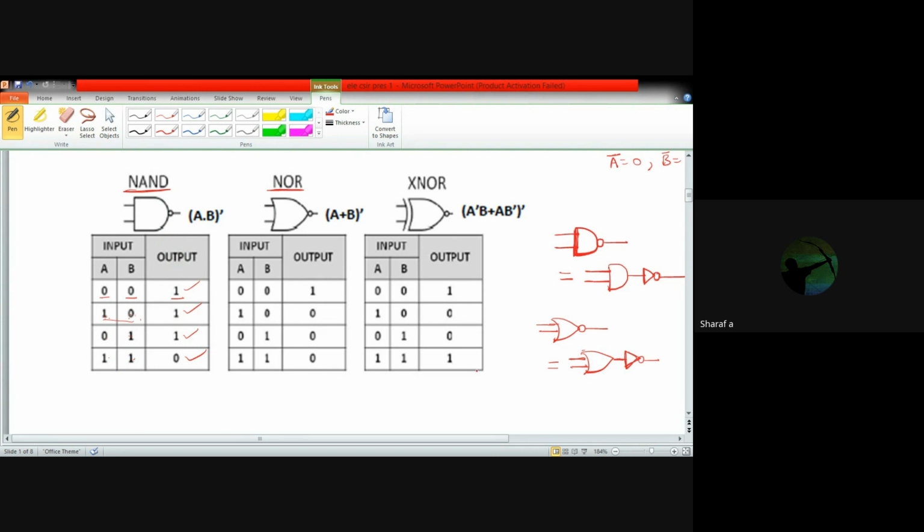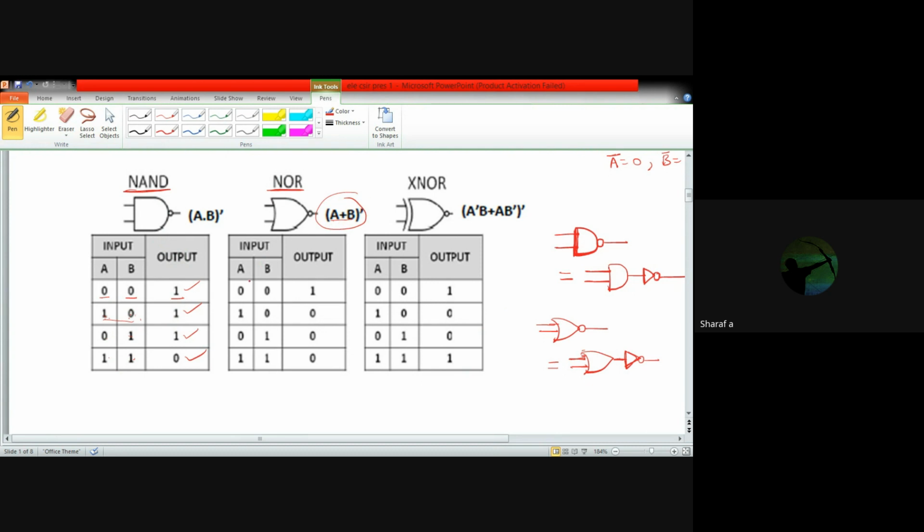So whatever you are getting as the output of the OR gate will be complemented. That is the expression you can see from here. The output expression is (A plus B) complement. So first you have to take A plus B, just like the OR gate, then take the complement.